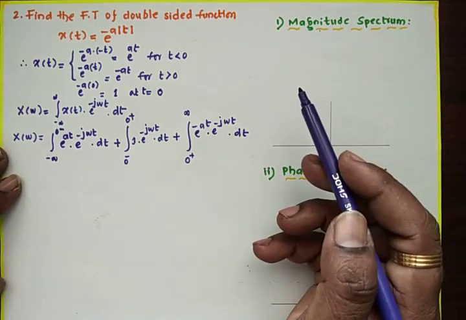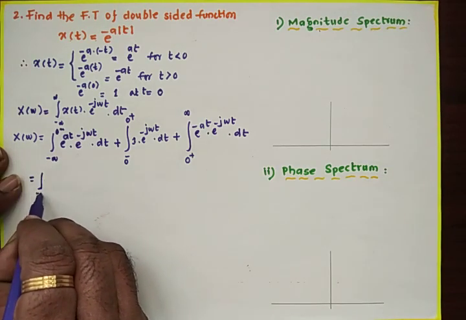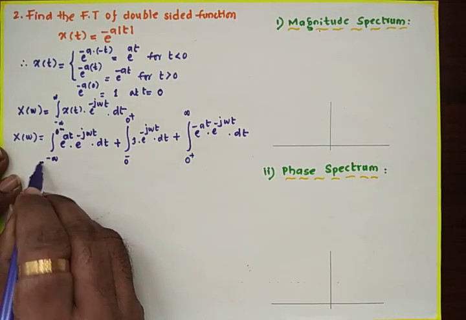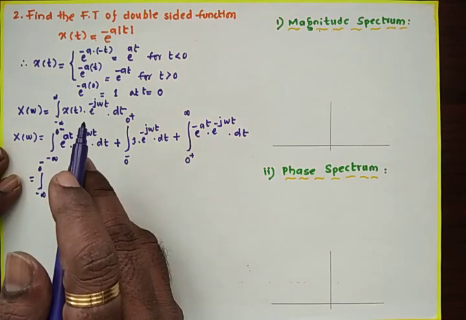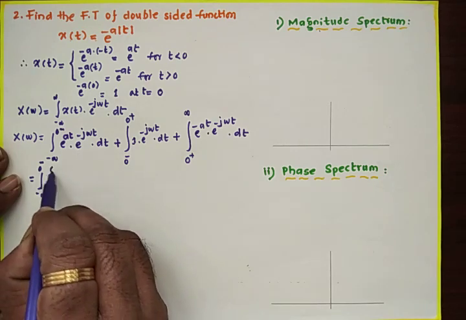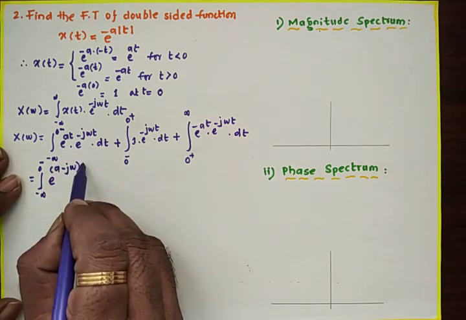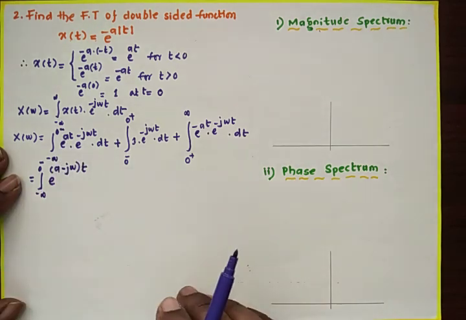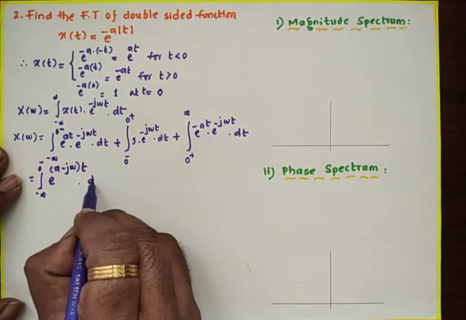Now I can go with the integration. Here it is the integral from minus infinity to 0 minus, and here the bases are the same, so we can add the powers. So I can write e to the power of a minus j omega, and here t is also common, so e to the power of a minus j omega t into dt.